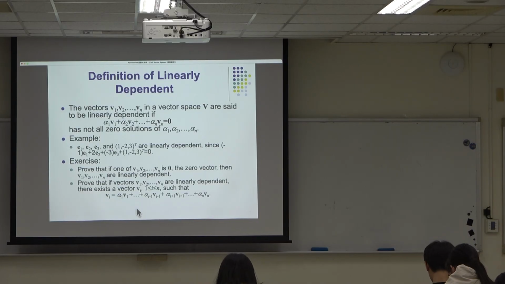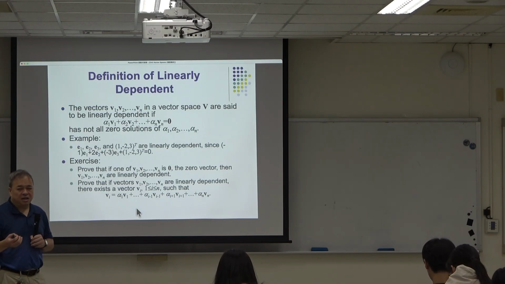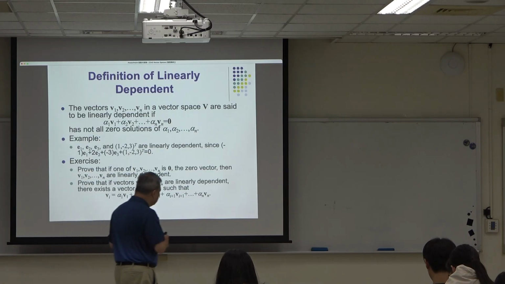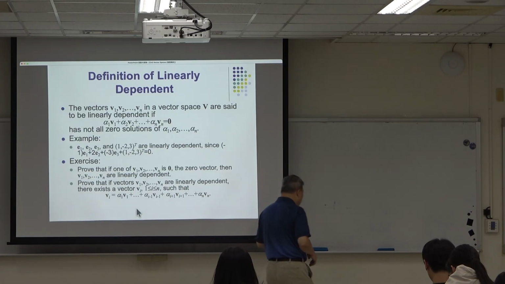So there are some very interesting consequences here for linearly dependent. For example, if one of these vi's is the zero vector, then v1, v2 up to vn are linearly dependent. It is very easy to show this is the case.